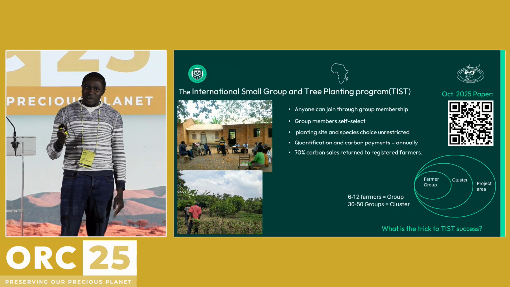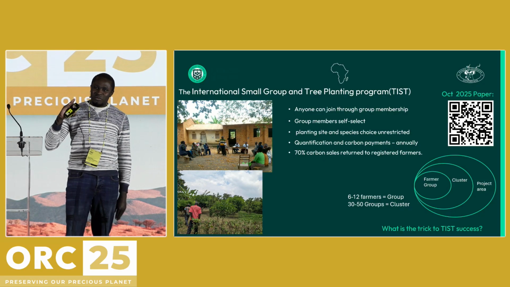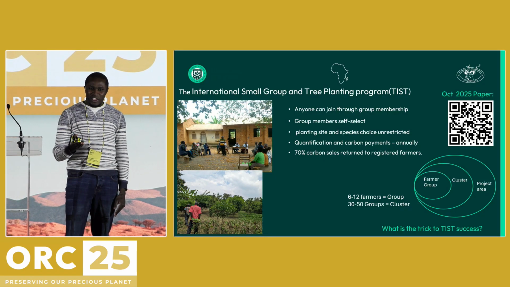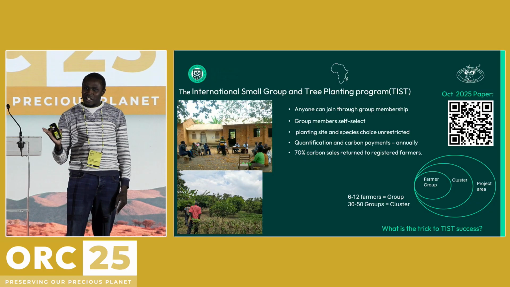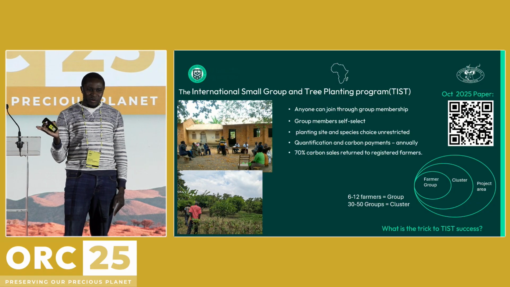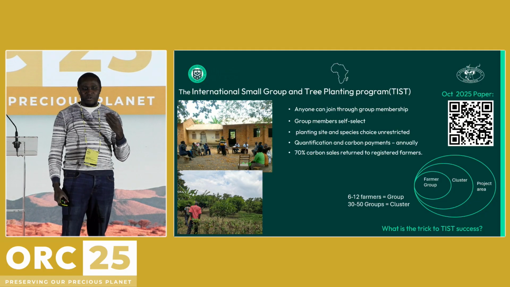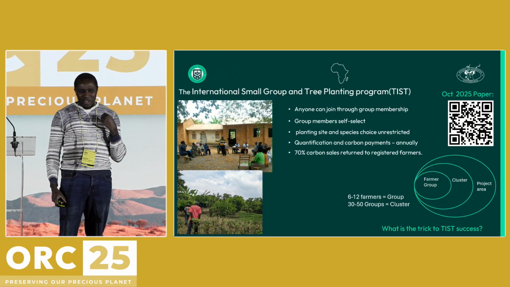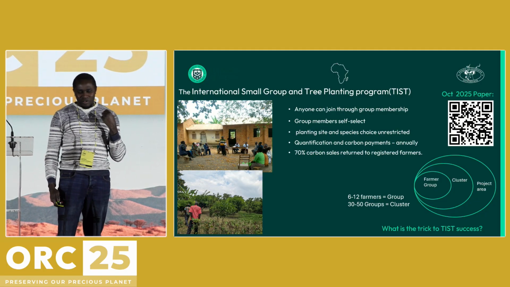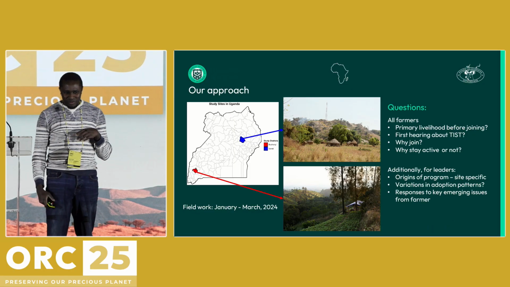After about a year or two, once the tree is about 2 meters high, they start quantification, and then 70% of all the sales from the global carbon market go back to the farmer. So that is one thing that we thought the program did very well, and we wrote that up in a paper that you could access through that QR code.